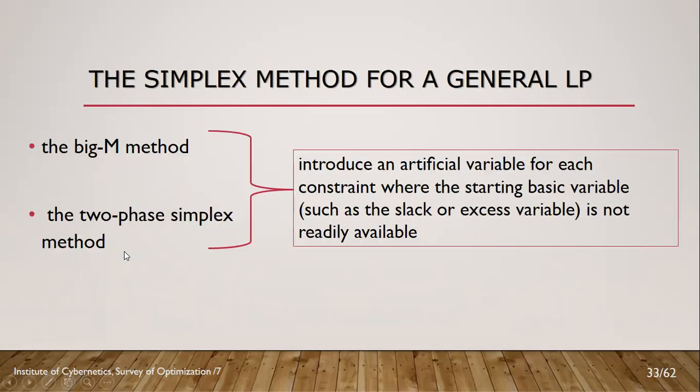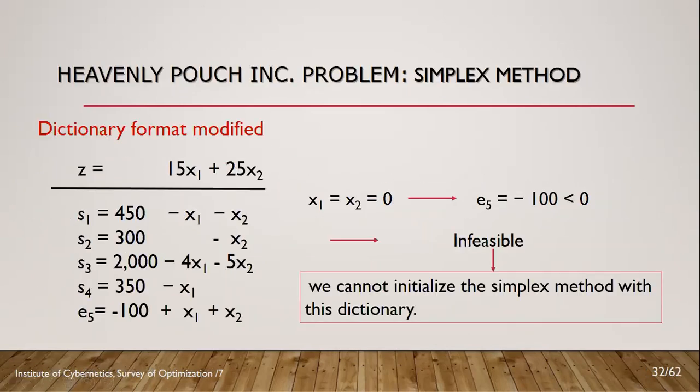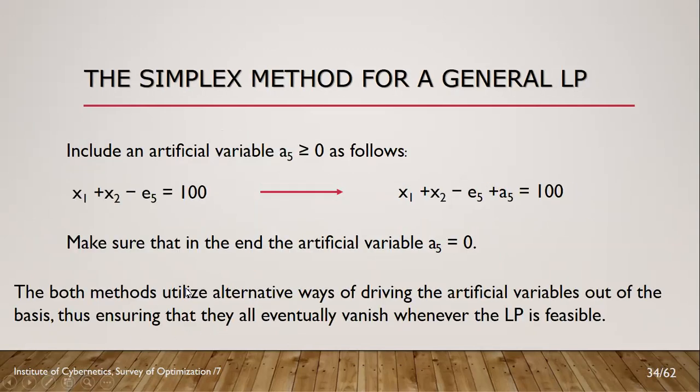Here, constraint 5. Then for this constraint, we introduce an artificial variable. Here it is. We denote it as a sub 5. Again, it needs to satisfy the non-negativity constraint.